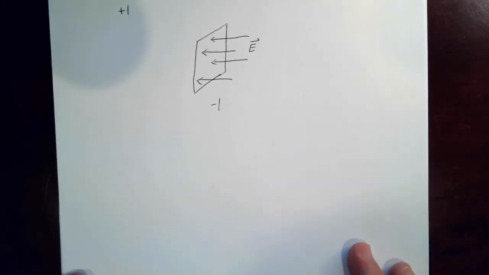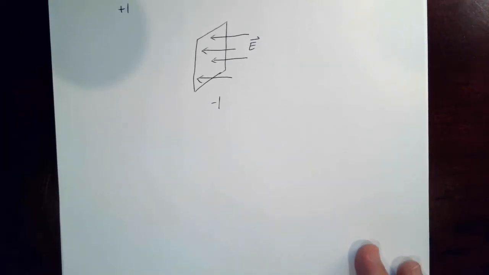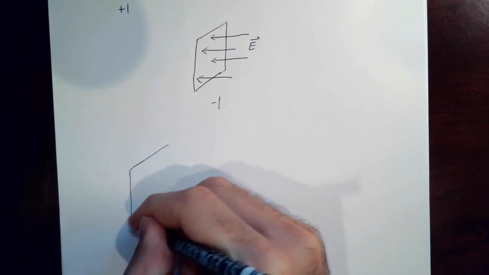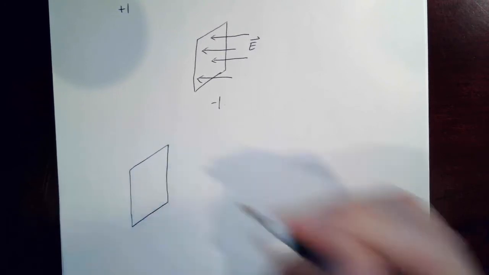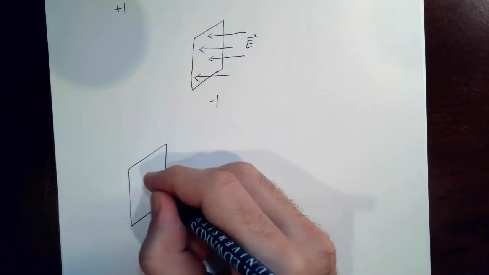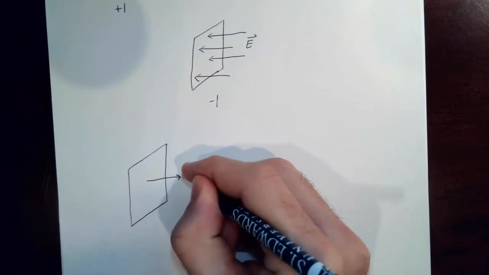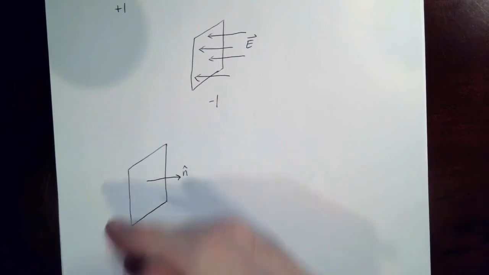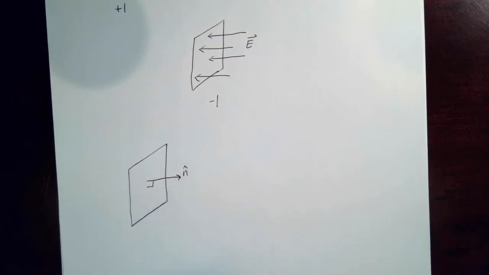Now, to make this more concrete, we need to talk about an angle. So we need to define some things so that we can talk about an angle. So if I have a surface, then I'm going to define the unit normal. Normal means perpendicular. So this unit vector is perpendicular to the surface.